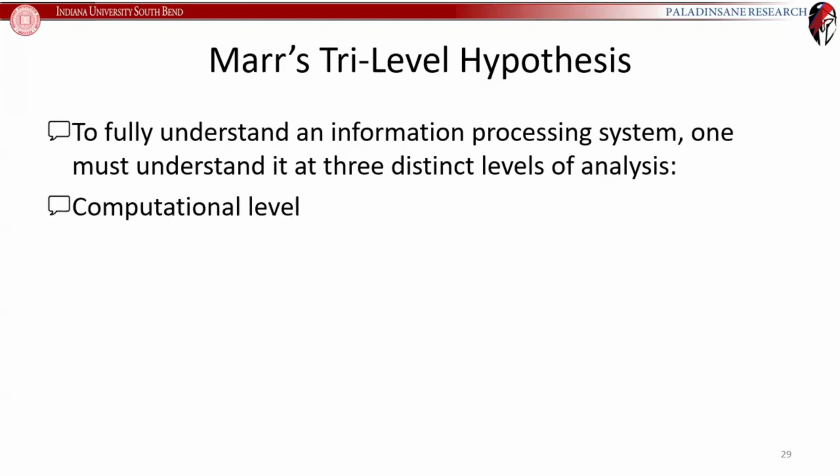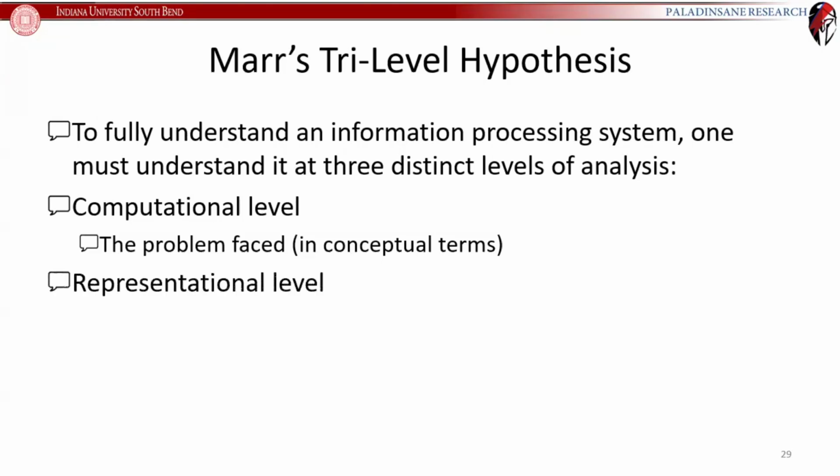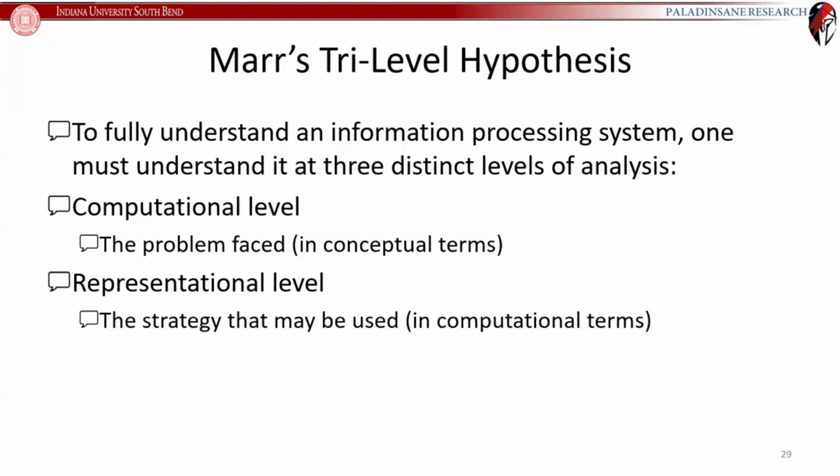So the 3 levels are the computational level, and this is the problem faced in conceptual terms, and we'll talk a little bit about that once we get all 3 levels up here. So we've got the computational level, that's the problem faced in conceptual terms. We have the representational level. That is the strategy that may be used in computational terms. So not necessarily the strategy that is used, but the strategy that may be used in computational terms.